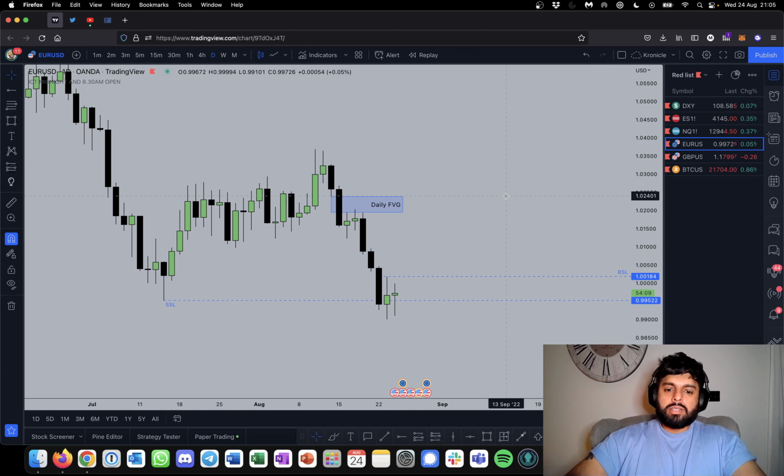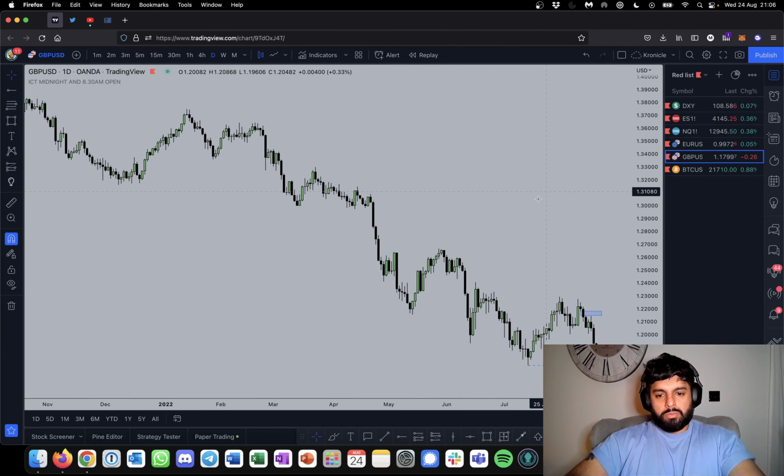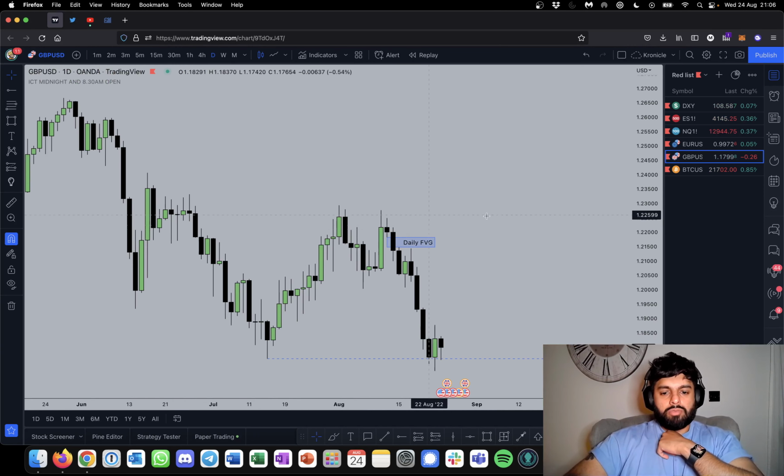However, until the dollar has swept that buy side liquidity, we just need to be a little bit extra careful taking trades in the opposite direction to what the dollar confluence is. And if we take a quick look at GU as well, we can see some similar price action.